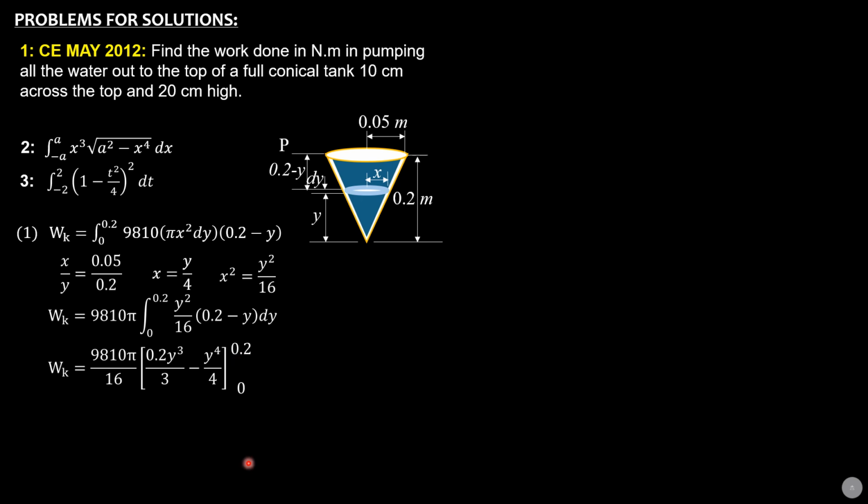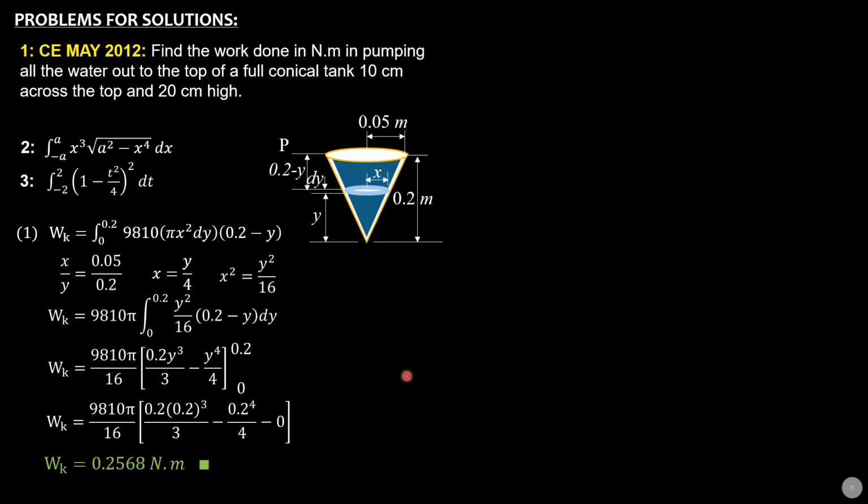Substituting the upper limit 0.2, then minus 0 for the lower limit because each term has y in the expression. Then you use your calculator: 9810 pi over 16 times quantity 0.2 to the fourth over 3 minus 0.2 to the fourth over 4, and that gives us 0.2568 newton meter or joule.